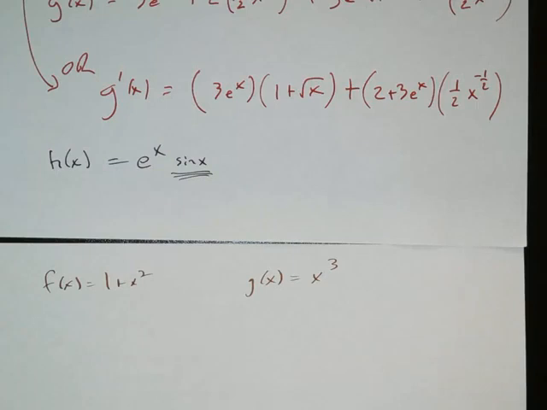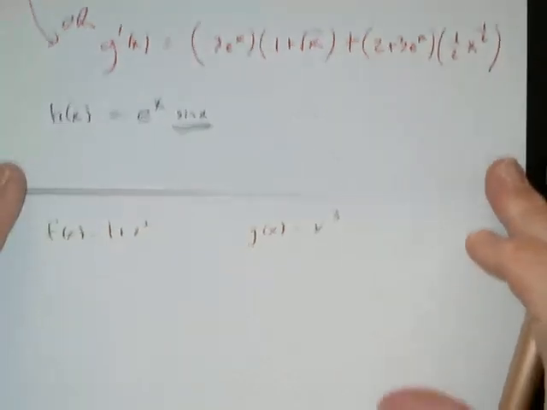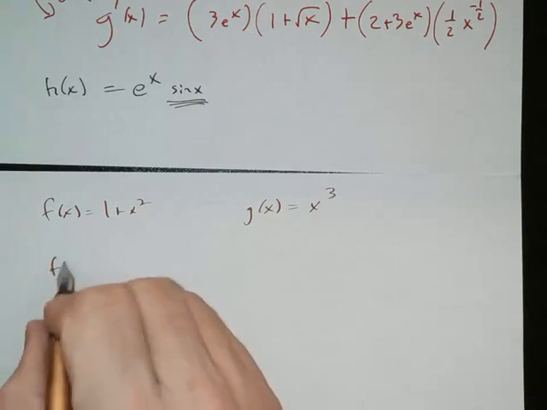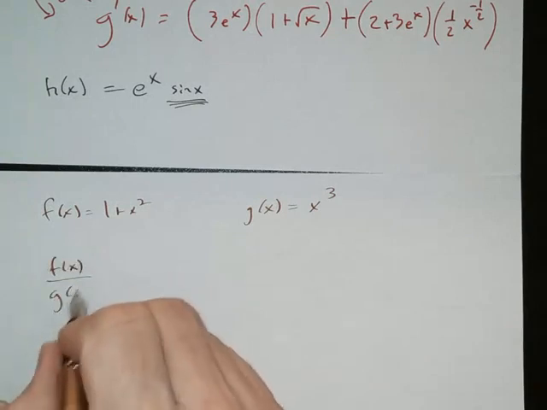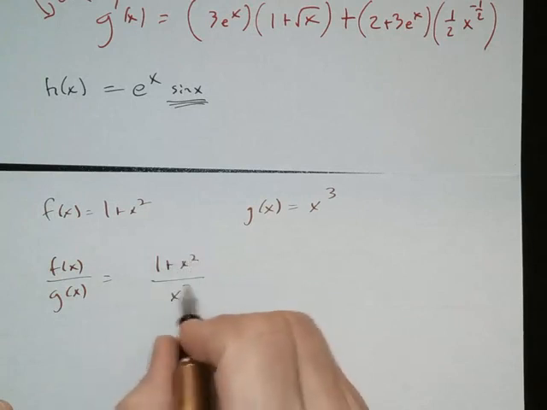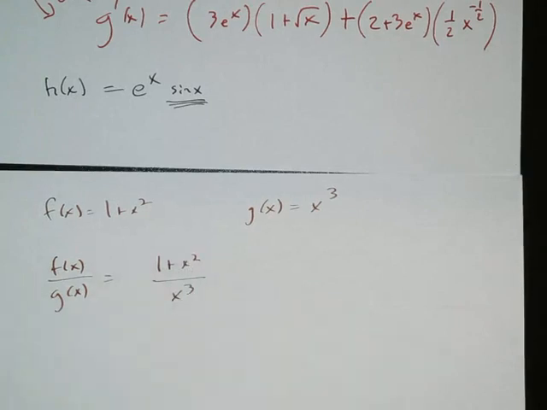What's the opposite of multiplying? So let's divide. Now it turns out, again, there was a problem on the homework. If I do f of x over g of x, that would be 1 plus x squared over x cubed. I know how to take the derivative of that if I simplify it.